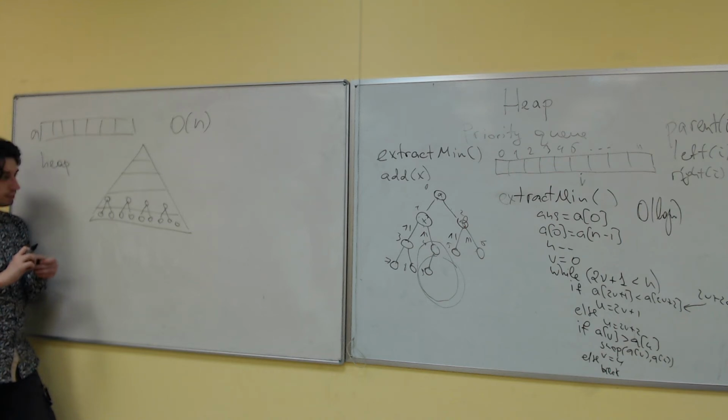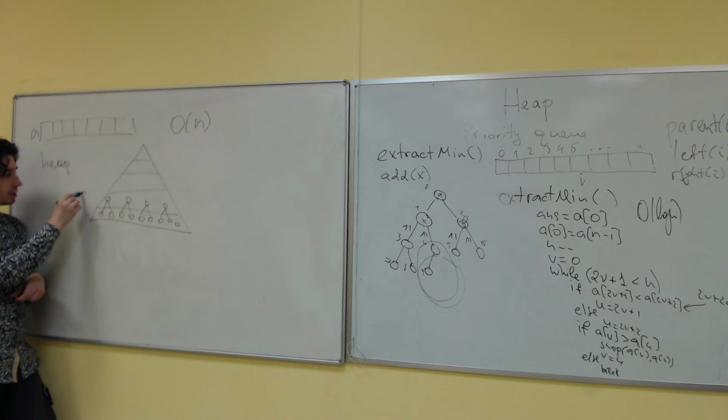In other words, in sift up and sift down notation, what should you do? Sift up one element from the bottom layer? No. Sift down. You should take this element and try to sift it down.